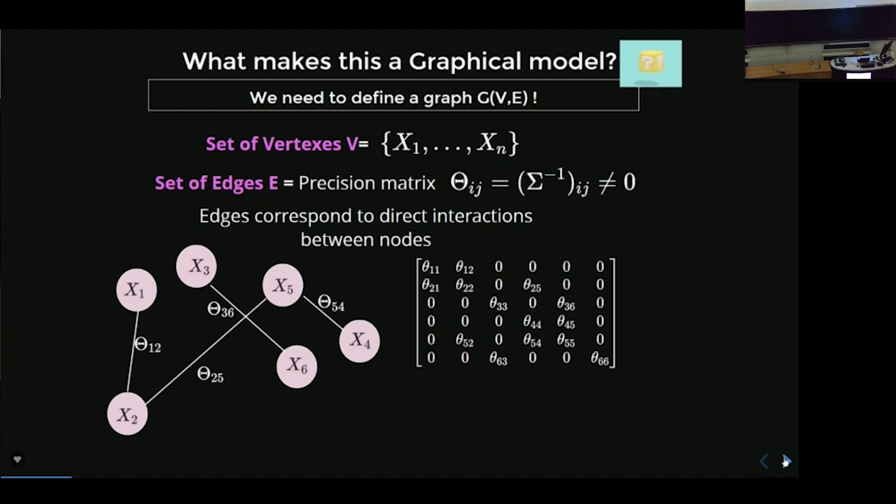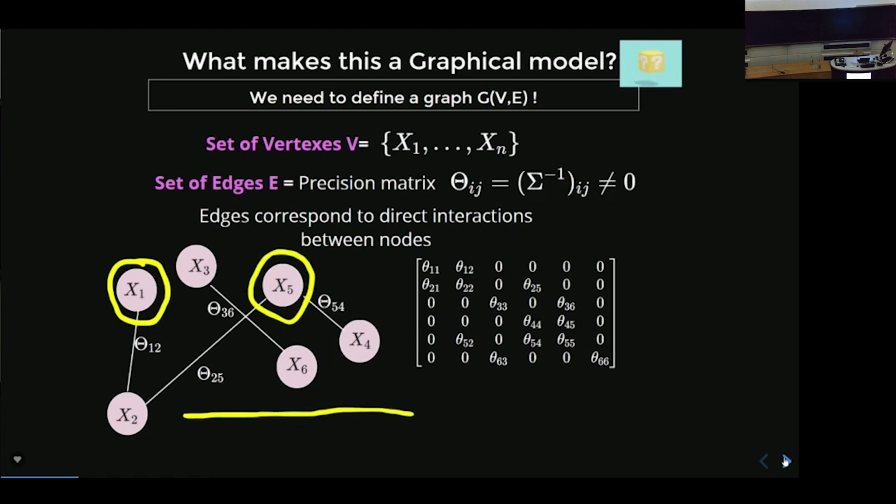So the interesting property here is that these also express the conditional independence between the variables. What does that mean? If you see here, for example, X1 and X5 are linked because they're connected to X2, but they're not directly linked.